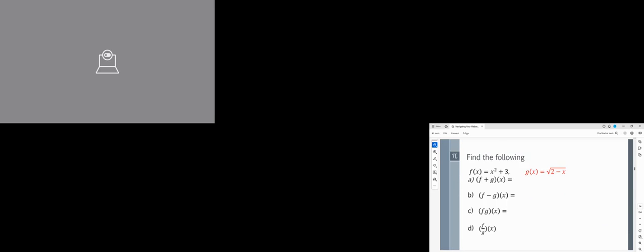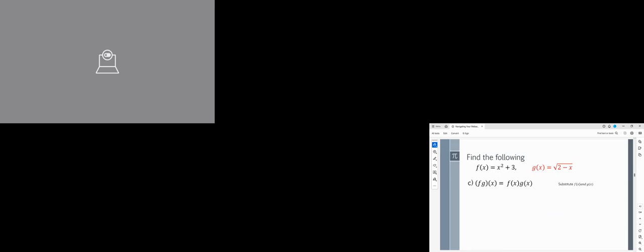Find the following. We can again add f plus g of x. So substitute our functions. f of x is x squared plus 3, and g of x is the square root of 2 minus x. We can't combine these, so that would be our final answer. For subtraction, f of x again is x squared plus 3 minus the square root of 2 minus x. Distribute the negative, and that would be our answer.